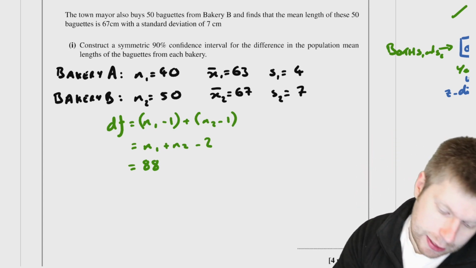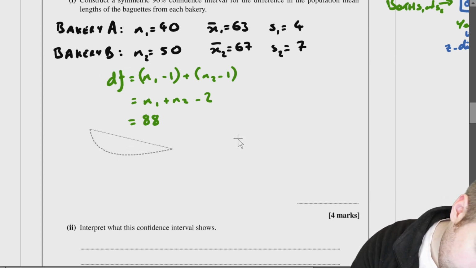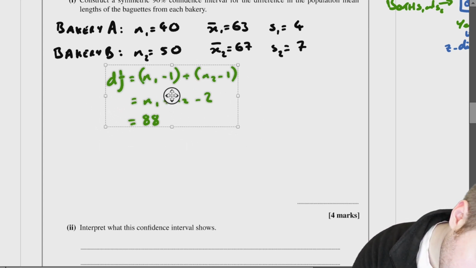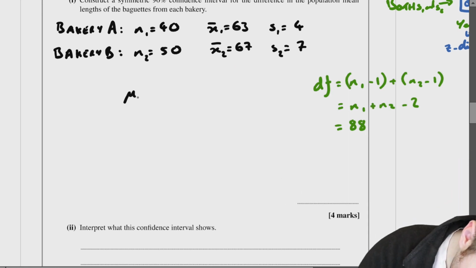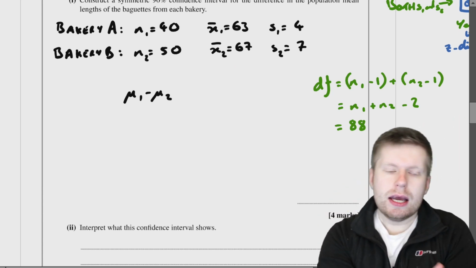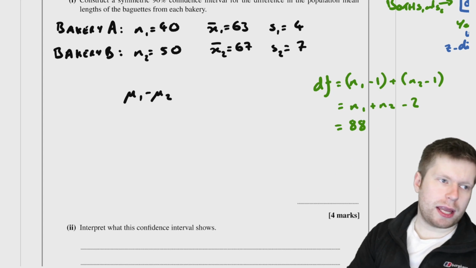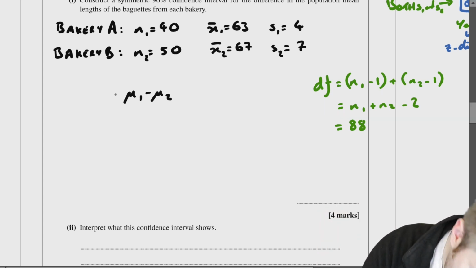Let's actually do this. I need to calculate a difference in the population means confidence interval. In other words, if I take mu2 away from mu1, the population mean weight of baguettes made by bakery A take away the population mean weight of bakery B, I need to work out what the confidence interval is.